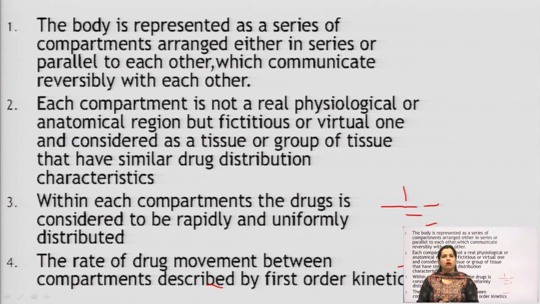Basically, each compartment in the body is not real physiological or anatomical, but fictitious. Yes, we have made a base that if we consider this organ or this type of parameter to identify the pharmacokinetics of a particular drug, we need to set up certain models.